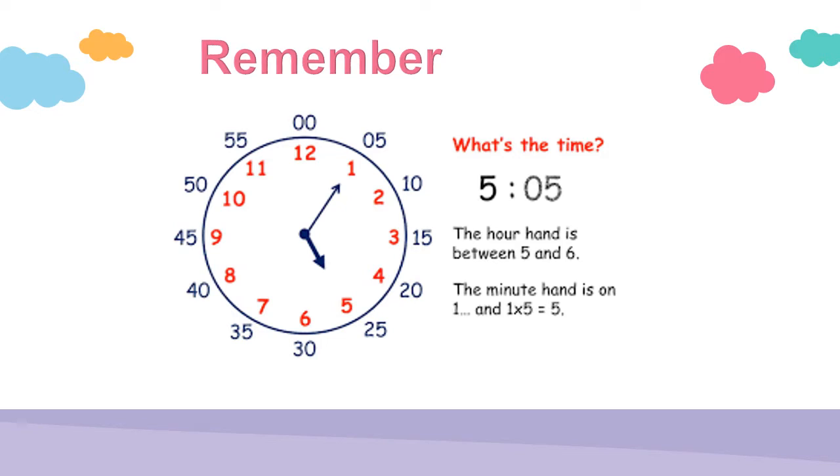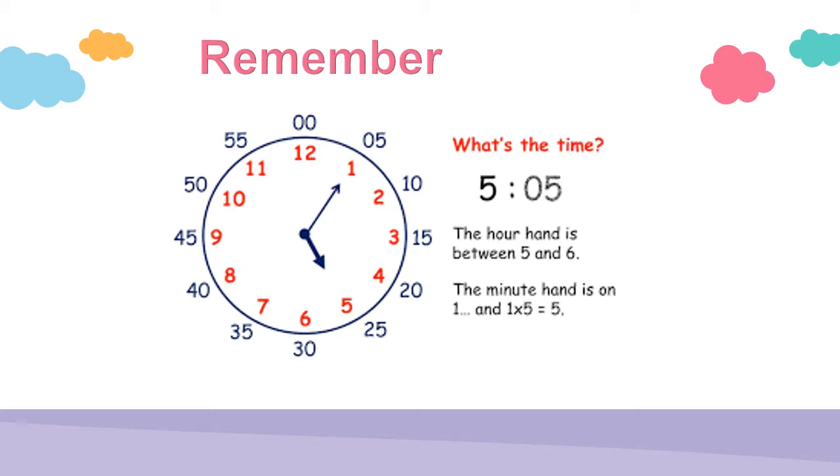Start from 1. 1 is 5 minutes, 2 is 10 minutes, 3 is 15 minutes, and so on. Like table 5: 5, 10, 15, 20, 25, 30, 35, 40, 45, 50, 55, and finally the zero.